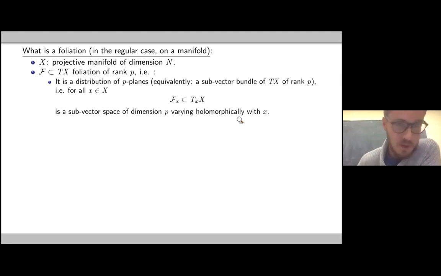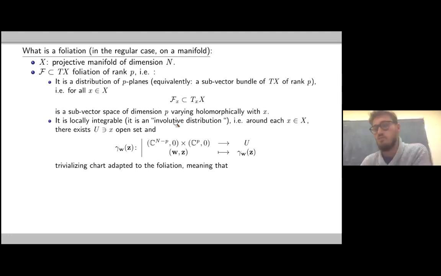To be a foliation, we have to add, of course, a condition, and we ask that it is locally integrable. So we say that it's an involutive distribution, and in practice, it means that around every point of X, we can find a neighborhood and a trivialization, a map of this kind, which is adapted to the foliation.